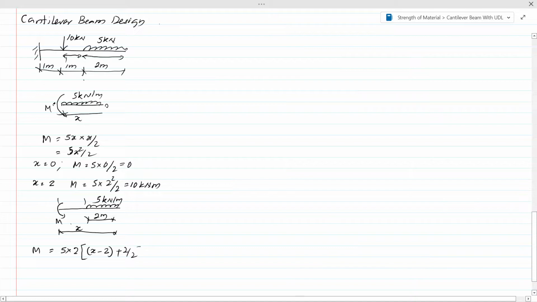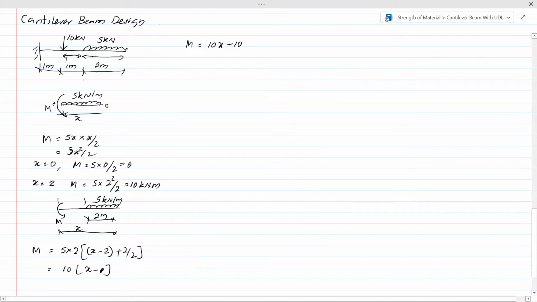If you solve this equation, it's 10 into x minus 2 plus 1, that is x minus 1. So we know the bending moment there. M is equal to 10x minus 10, right?